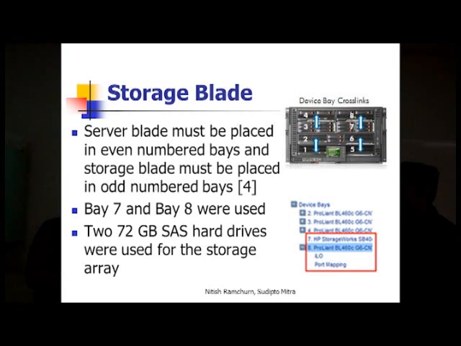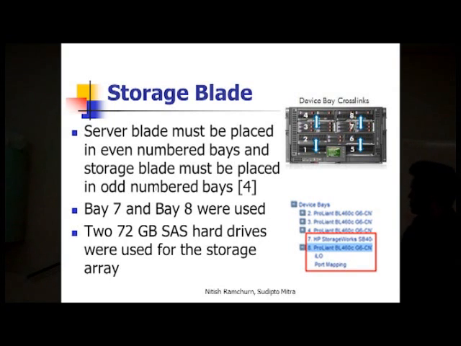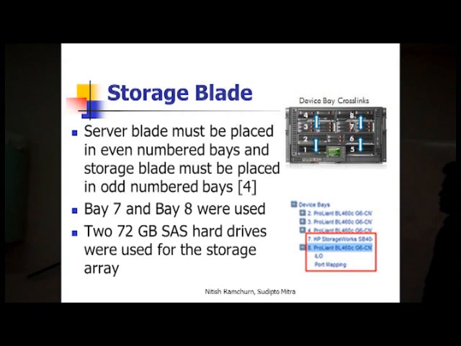To configure the storage blade, the server blade and the storage blade have to be placed in even and odd numbered bays. What does that mean? This is an example of the chassis, which, as I've mentioned previously, holds up to 8 blades. The numbering starts from the bottom: 1, 2, 3, 4, 5, 6, 7, and 8.